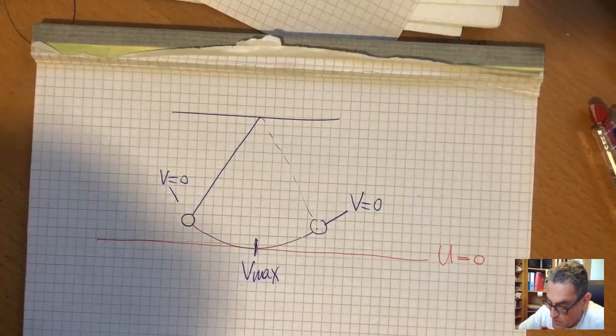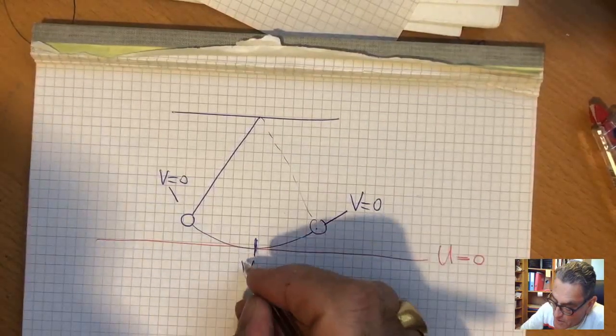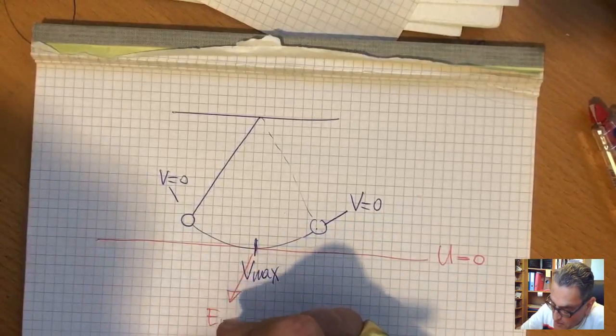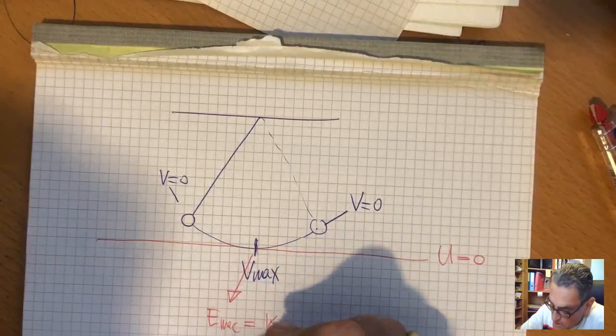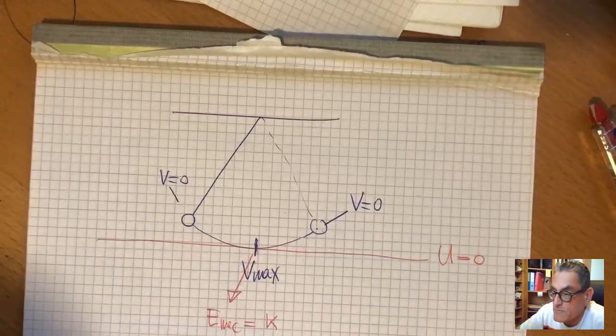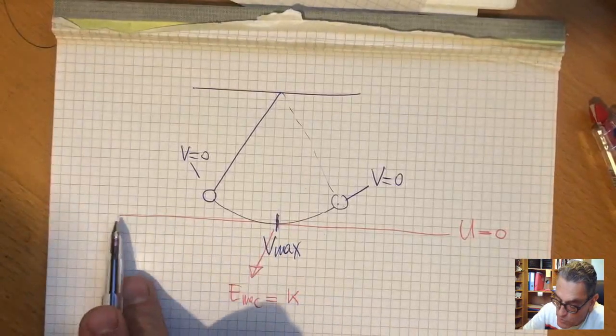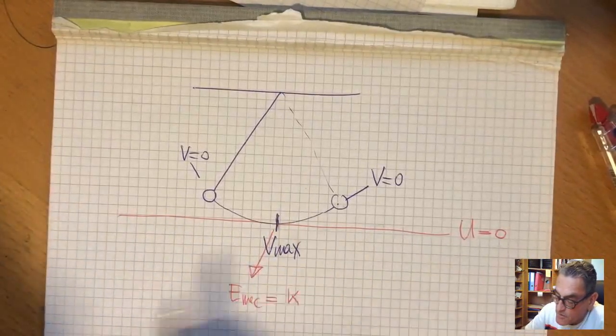So here the potential energy is 0, which means the mechanical energy is just kinetic energy. There is no potential energy at that point, because we said that at that point the level is 0.